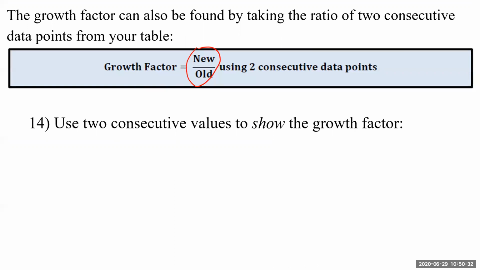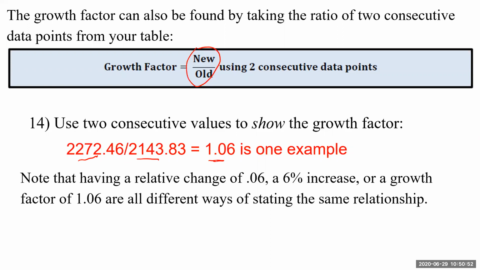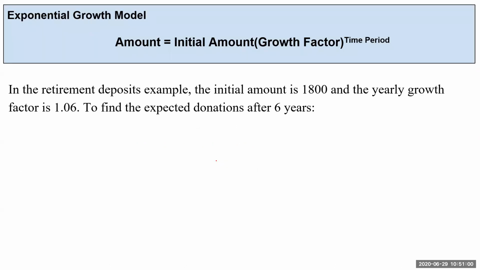Now, use consecutive values to find the growth factor, and these are values coming from the table we looked at earlier on Oliver's investment, increasing by 6% every year, all right? And it's the new over the old, and that still gave us the same answer, okay? Now having a relative change, an increase, and a growth factor are all different ways of stating the same relationship, okay?